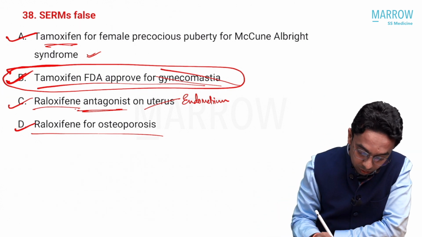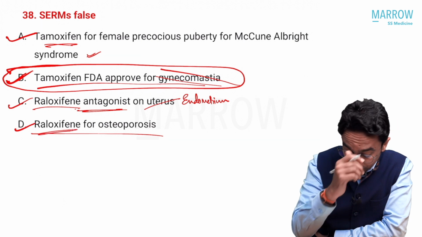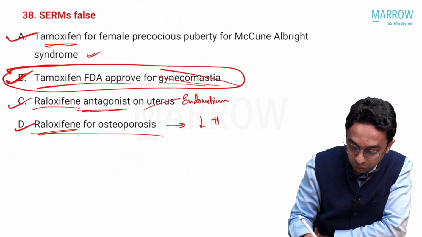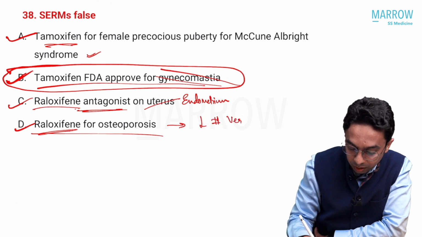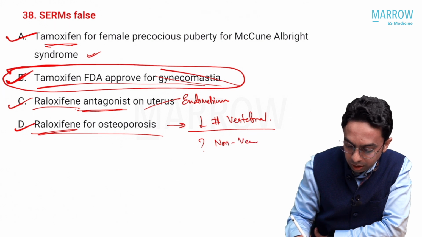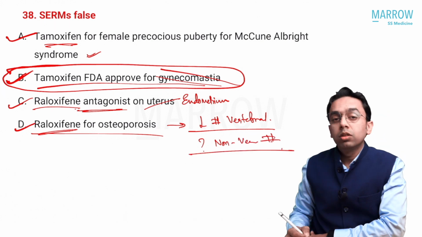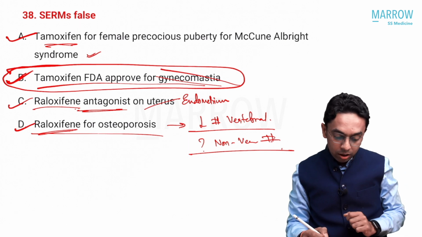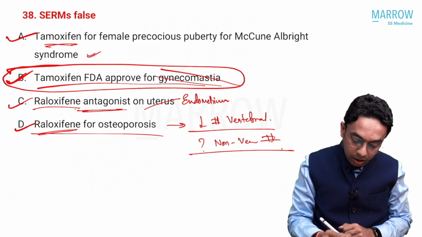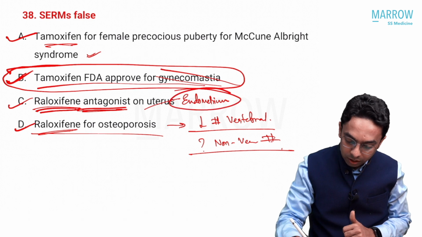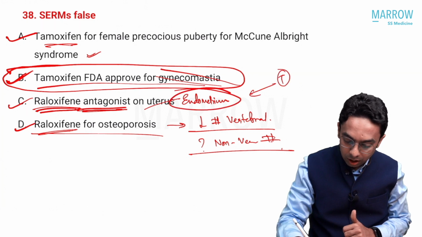And also for osteoporosis, raloxifene, one more important thing I'll tell you: it reduces vertebral fracture risk, but there is a question mark on non-vertebral fracture risk reduction. Okay, so this is important. Also regarding tamoxifen and raloxifene, raloxifene is an antagonist on endometrium, whereas tamoxifen is an agonist.